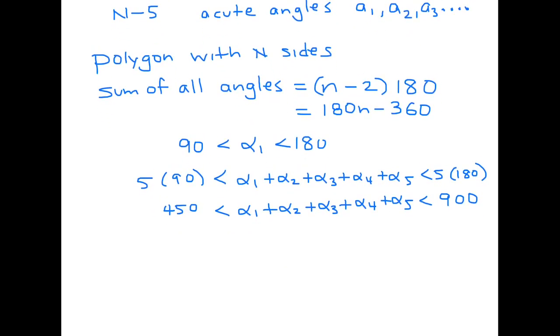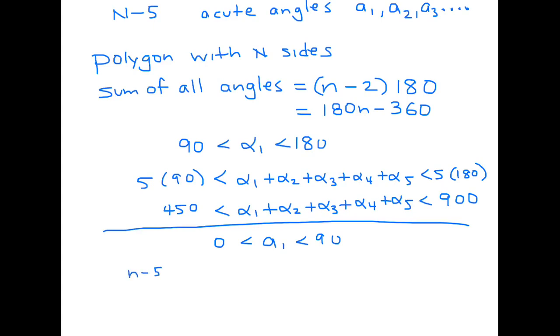And very similarly, we do the same thing for the acute angles. One acute angle is between 90 and 0. But we have, how many? We have n minus 5. So we're going to multiply everything by n minus 5.